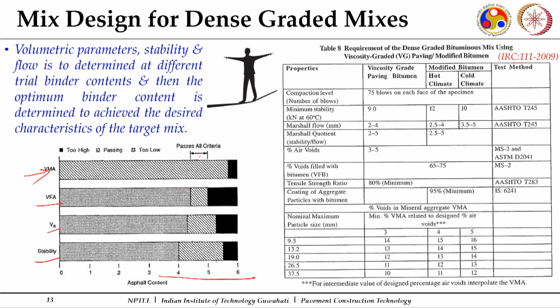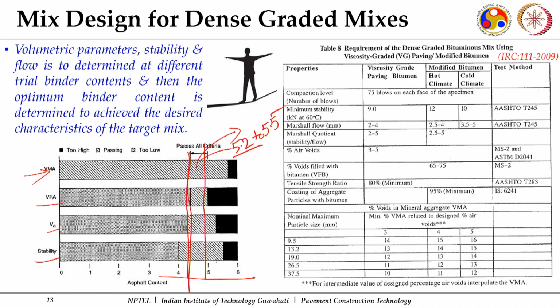In that case, finally you may have a small range of binder content in which all criteria are passing. Within this range, one always prefers a lower binder content. If a range of binder content is available, say from 5.2 to 5.5, one may prefer to go for the lowest one.